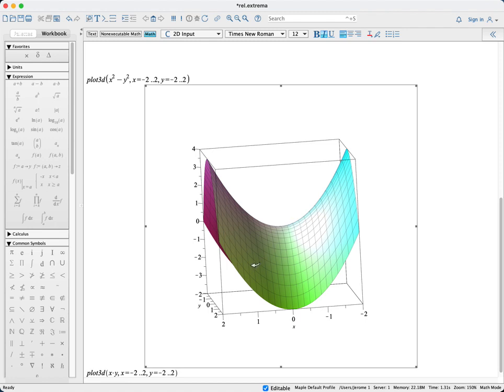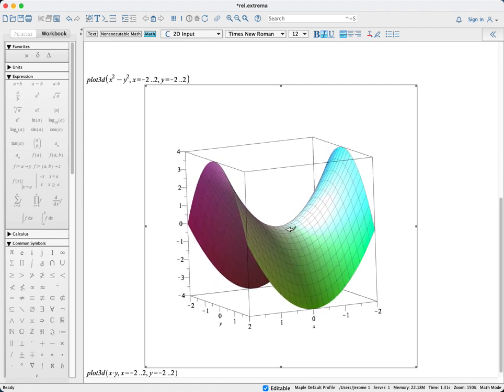Whereas if I were to walk, let me turn it around just a little bit like this, in a direction that's parallel to the y-axis, like I'm walking towards you, the z values would be going down. So starting at that same point, it doesn't represent a high or a low point, but something interesting is happening here, and this kind of point is referred to as a saddle point, for obvious reasons, because the surface at this location takes on the shape of a horse's saddle.